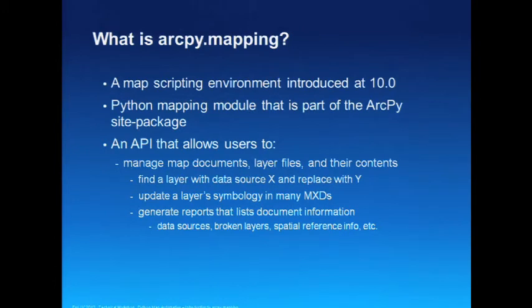I like to think of it as an easy-to-use scripting framework that allows me to do things to map documents. Because I think of map documents as a big container of objects, right? It has layers, it has data frames. Map documents have layout elements, legends, and scale bars. And once I attach to a map document, I can do things to those.